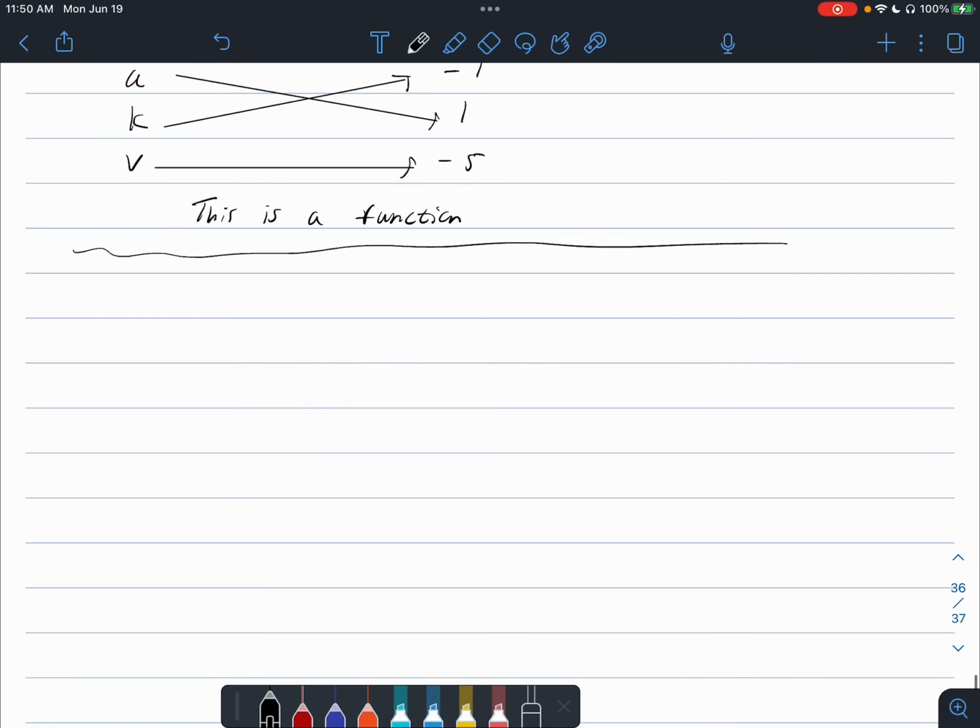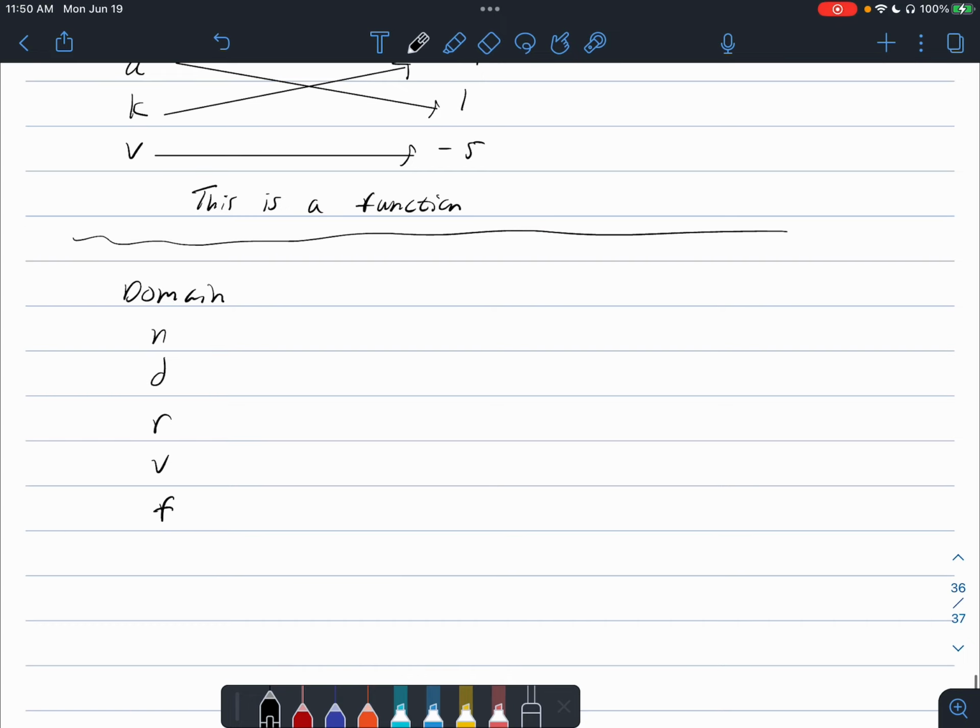Let's take a look at this one. From our domain, we have N, D, R, V, and F. And in our range, we have N, R, and D. That's all we have.